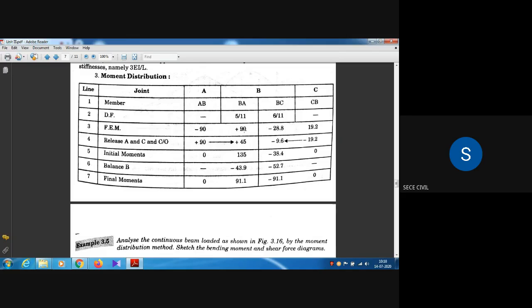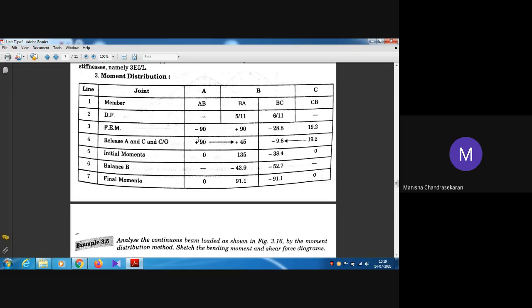Now we are in line number 3 with fixed end moments. Minus 90, these are the values we calculated in the first step. So joint A has a moment of minus 90. What is joint A, a fixed support or a hinged support?